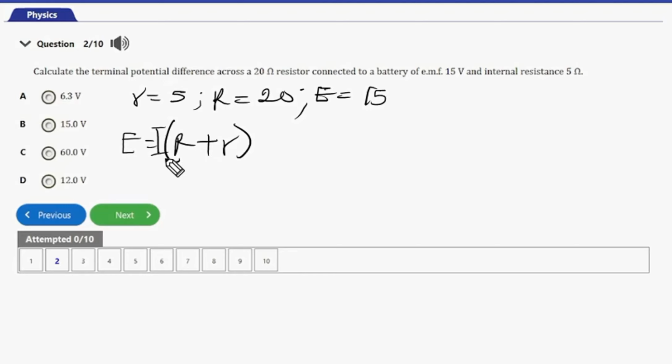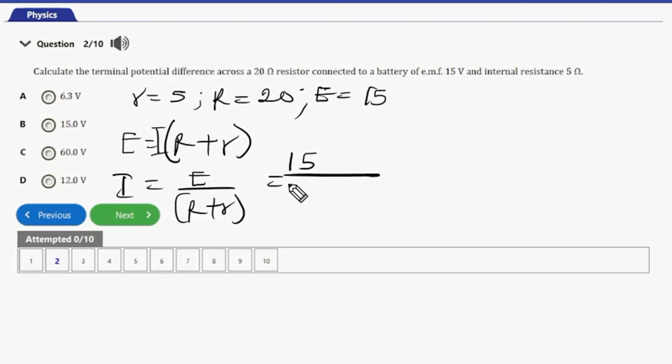If we make I the subject of this equation, we have I is equal to E over R plus r, where E is 15 volts, R is 20 ohms, plus r, the internal resistance, which is 5 ohms.